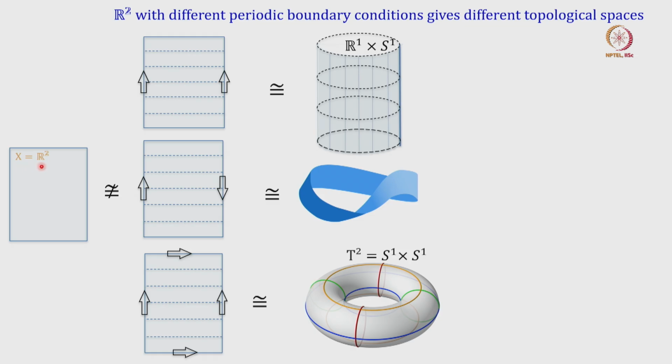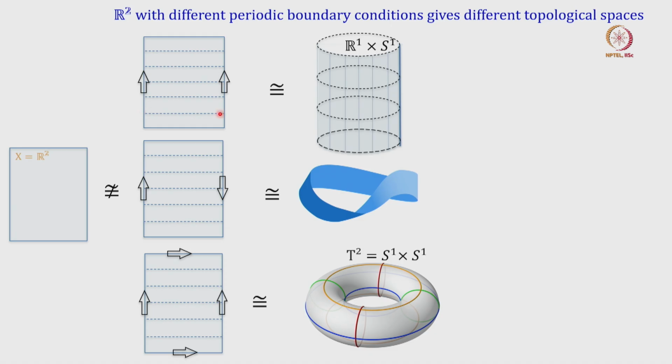So, let us start with R2, which is our 2-dimensional space, and now in the first case, along the y direction, let us call it y direction and this is x direction, it does not matter, there is no direction defined yet. Let us just take this is R and this is also Cartesian product with R, and now every point on this point, like this point, I put an equivalence relation to say that this is equal to this.